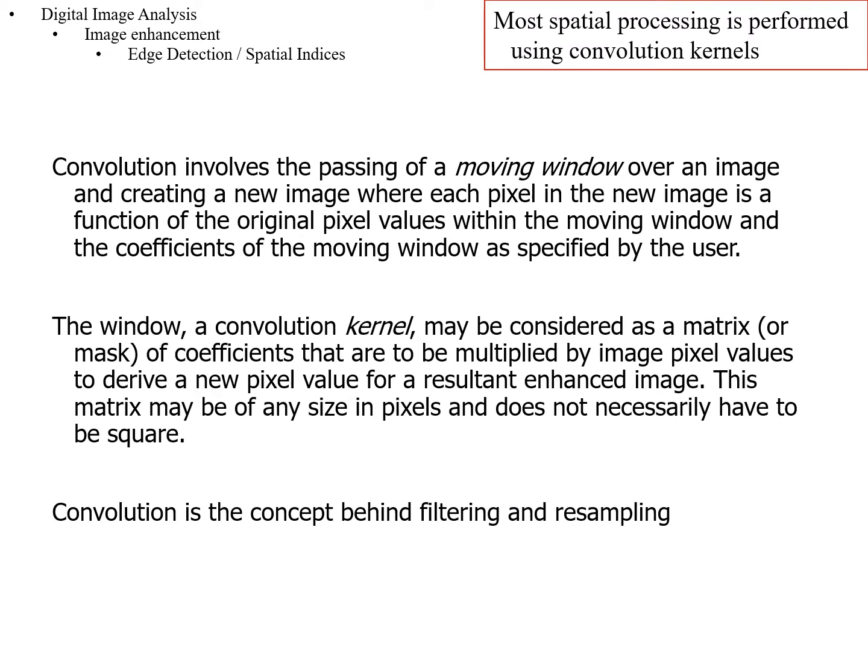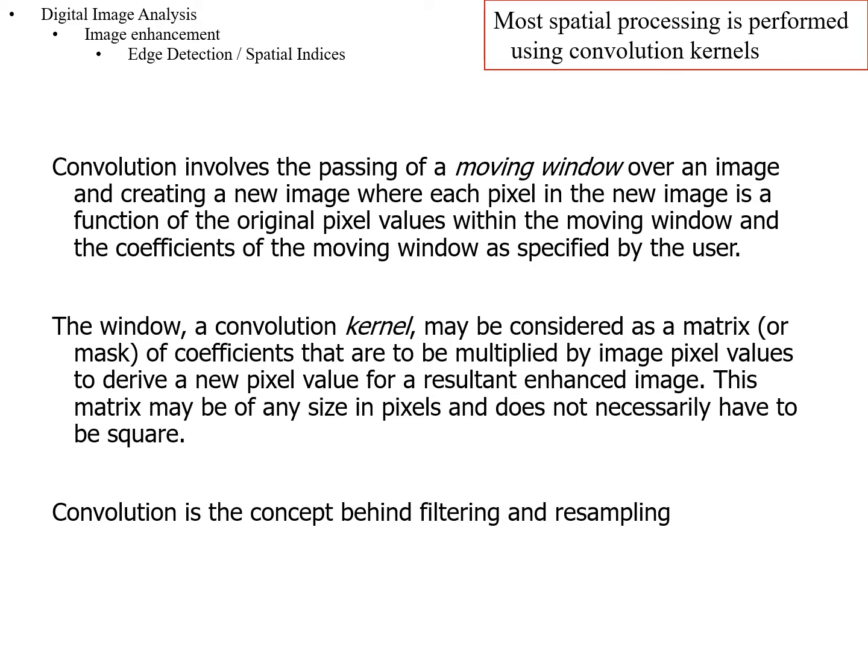The next concept we use is convolution. Convolution involves passing a window. A window in this case is just a 3 by 3 matrix of pixels or values that fit over image pixels.